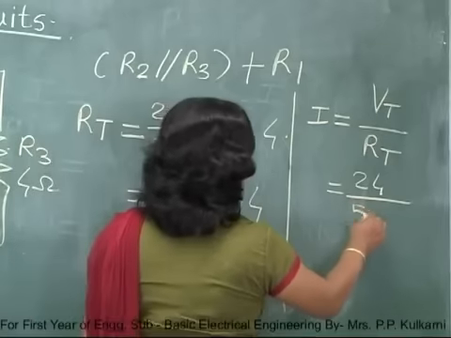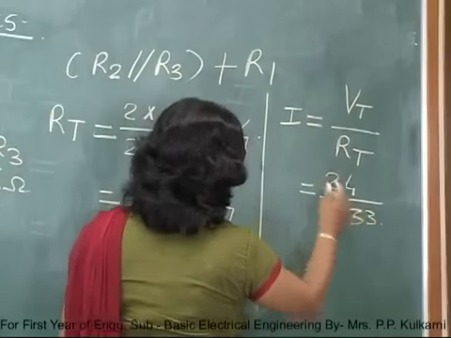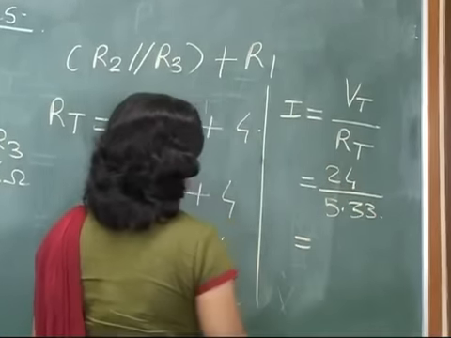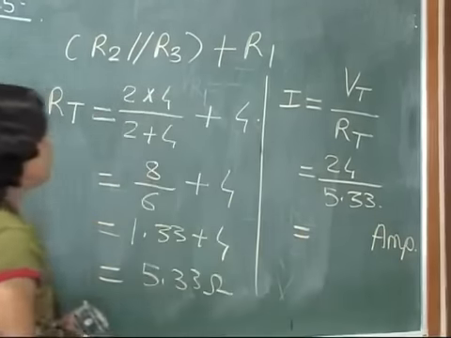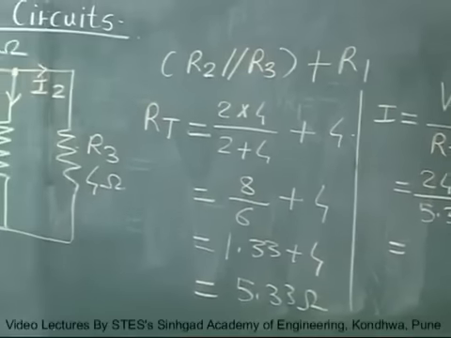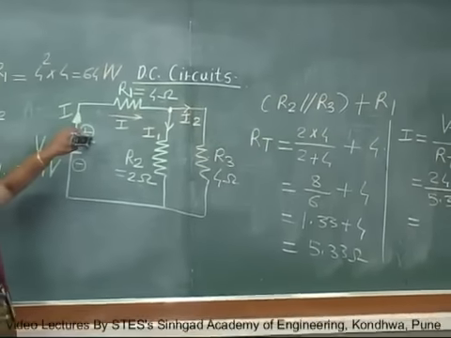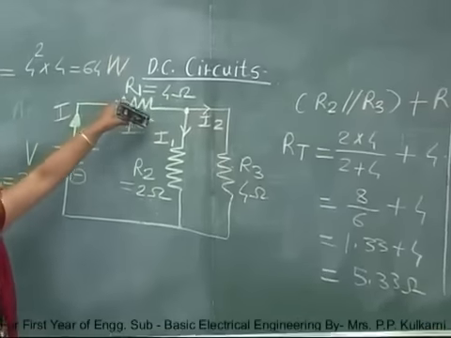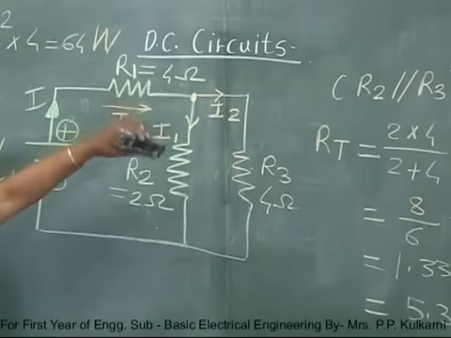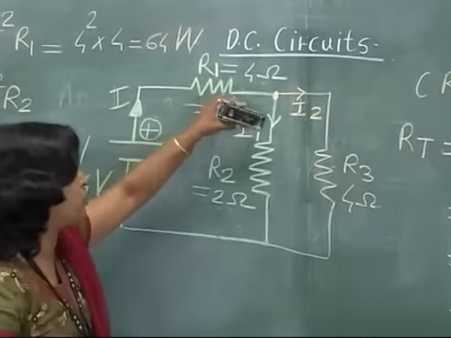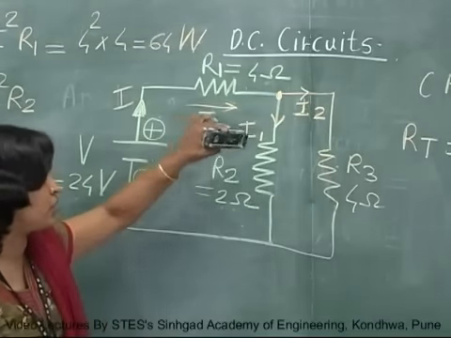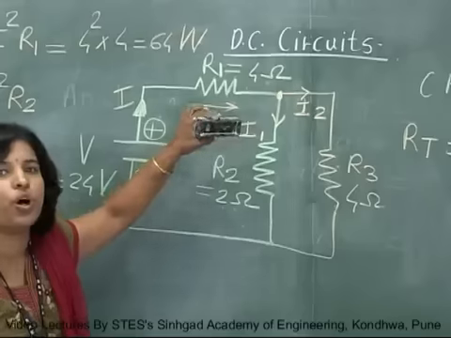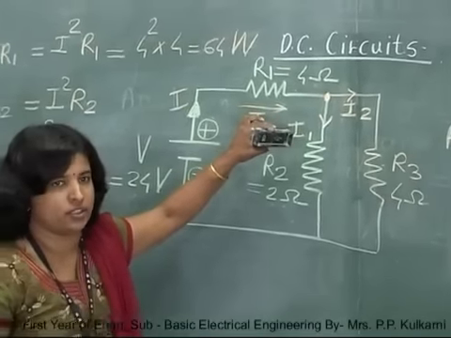So here I can write down the current: 24 divided by 5.33, you will get the current in amperes. Now this is the total current supplied by this particular voltage source. The same current will flow through resistance R1, and then this total current will get distributed in the two resistances. These two currents we can calculate using the current division rule or parallel law of resistances.